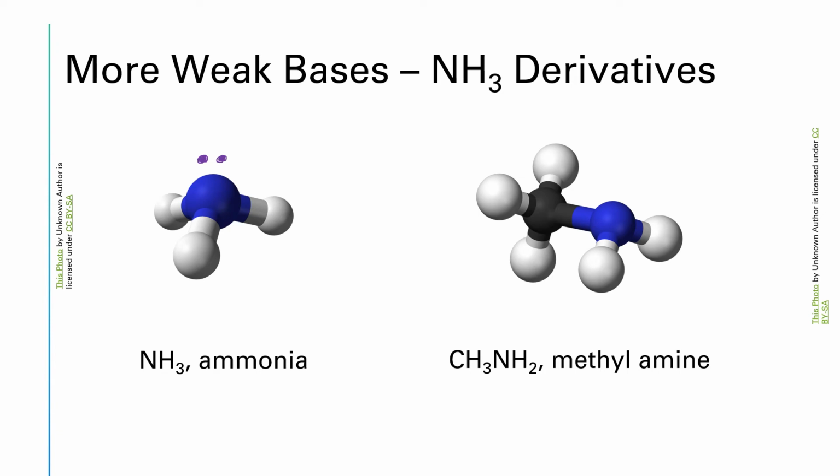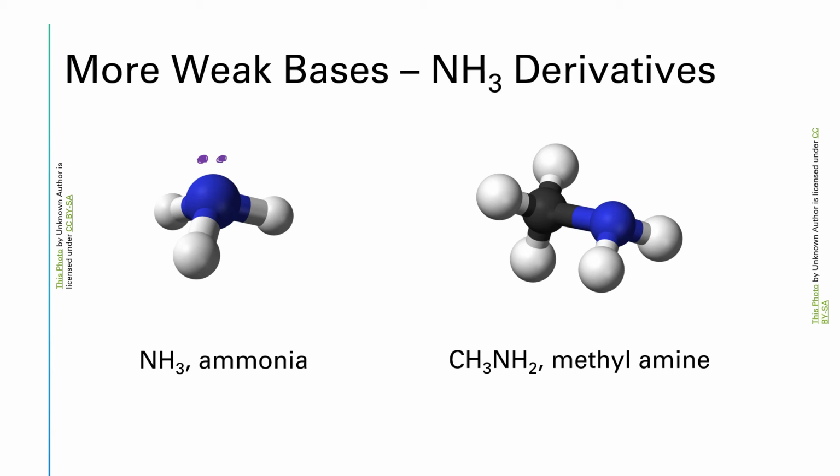And that lone pair of electrons makes this guy a base. If we want to use the Bronsted-Lowry definition, that is the site where this molecule can accept a proton. If we want to use the Lewis definition, that's the electron pair that gets donated when we consider a base to be an electron pair donor.